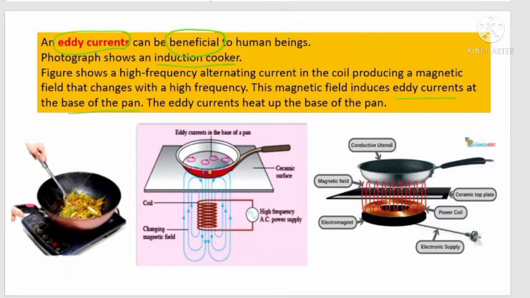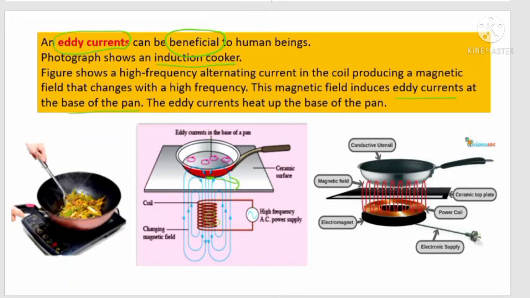Okay, you can see here. This is the pan, the base part here. Normally the base part must be ferromagnetic material. Okay, so this is the coil. When current flows in this coil, it will be magnetized. So what happens? It will also induce eddy current at the base of the pan.